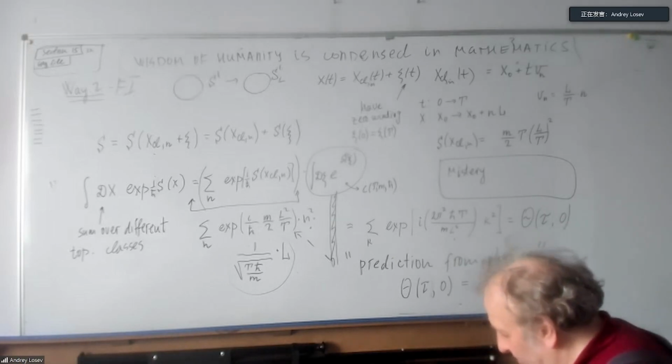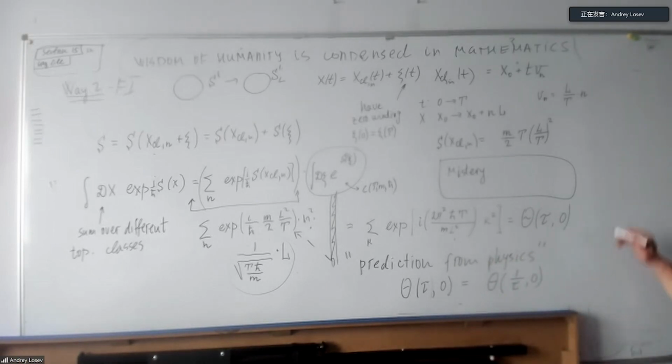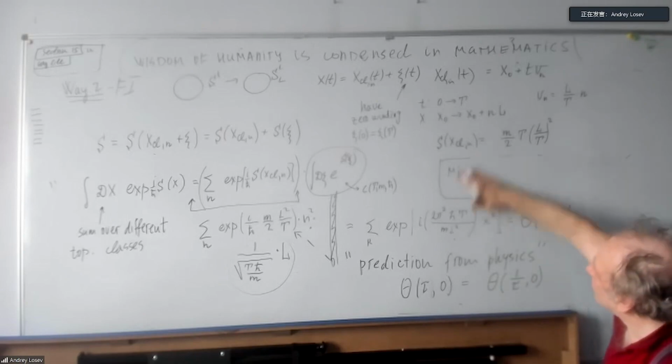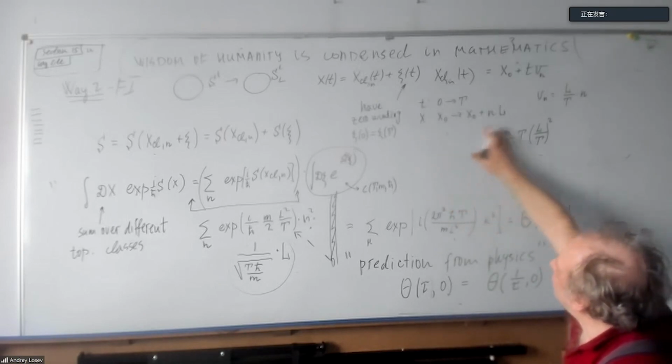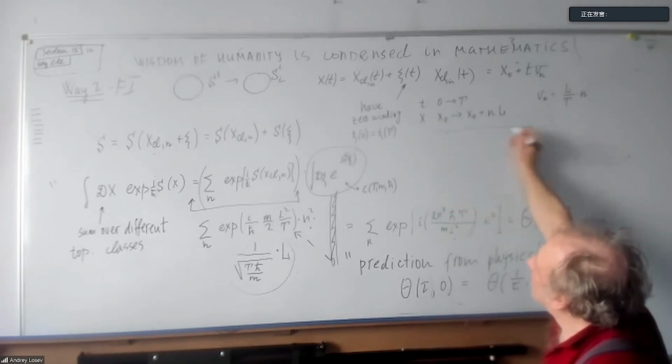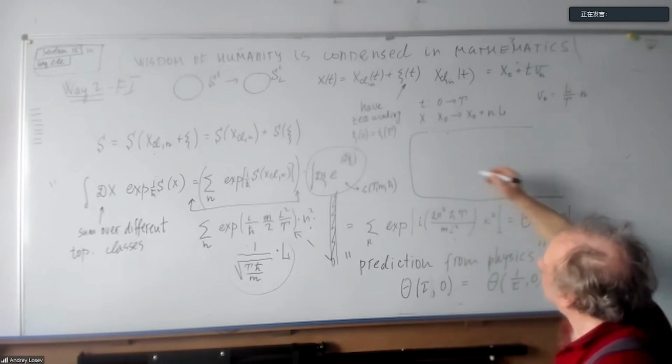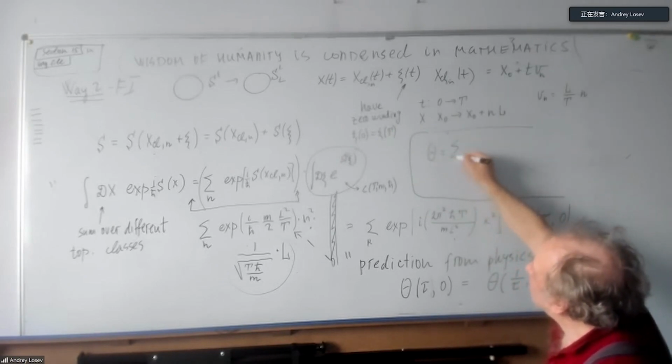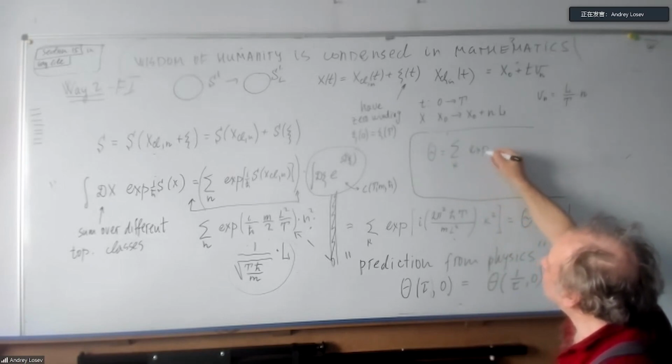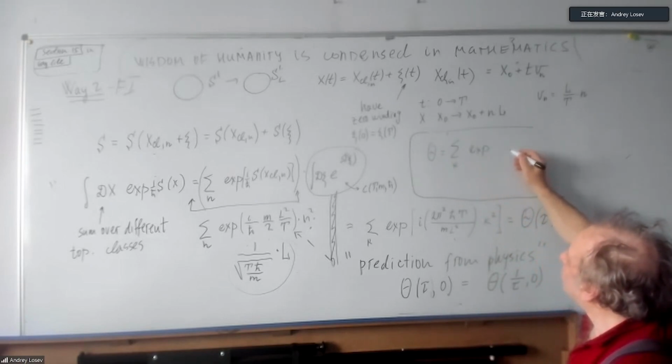So then it's a question of how the theta function is defined. If the theta function is defined as a sum over k, the standard definition of the theta function is a sum over k of the exponential of, probably there is p in the definition of the theta function or not.